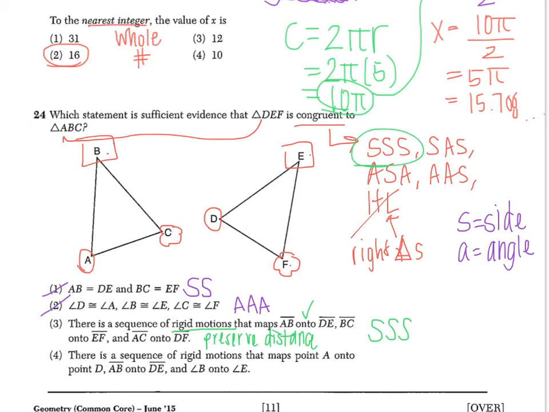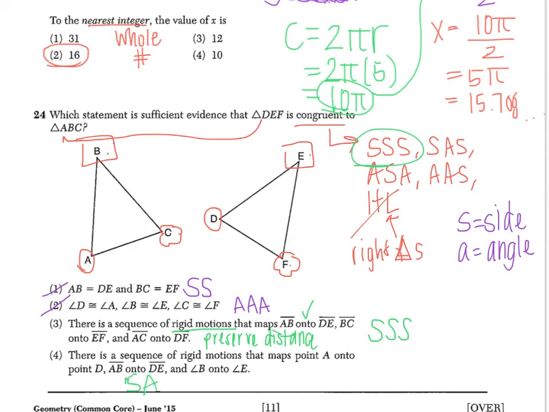But let's take a look at option 4. A sequence of rigid motions, again, preserve distance, that maps point A onto point D. Okay, that's true, but they're not being very specific here. Point A onto point D. And AB onto DE, both segments, so that's definitely a side. And angle B onto angle E, that's a set of angles.